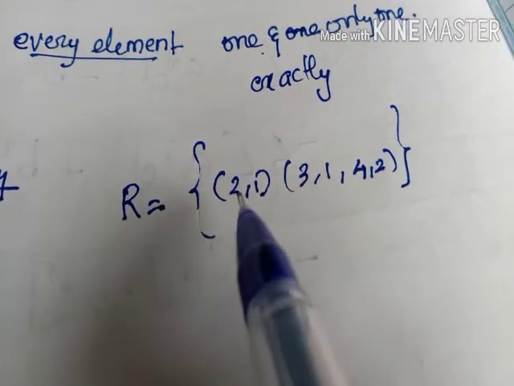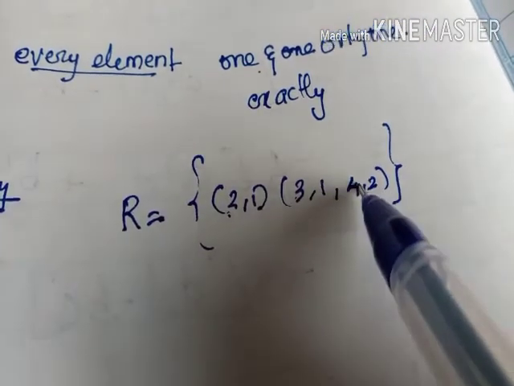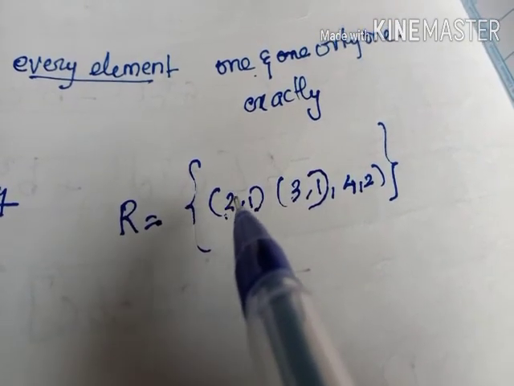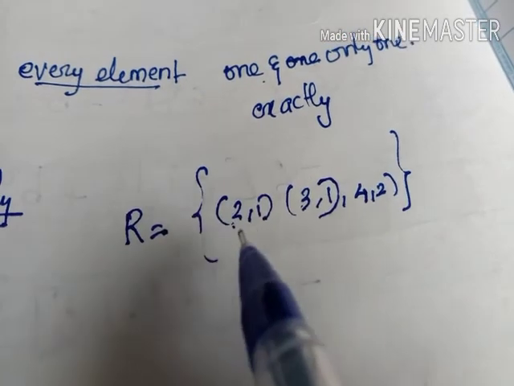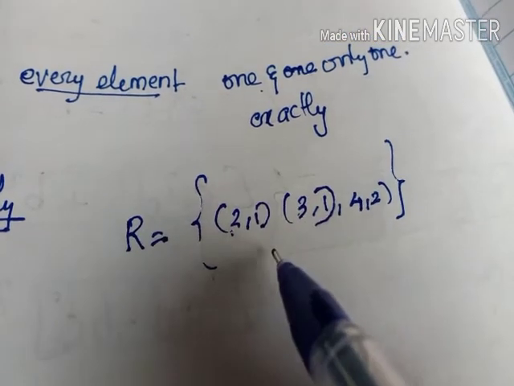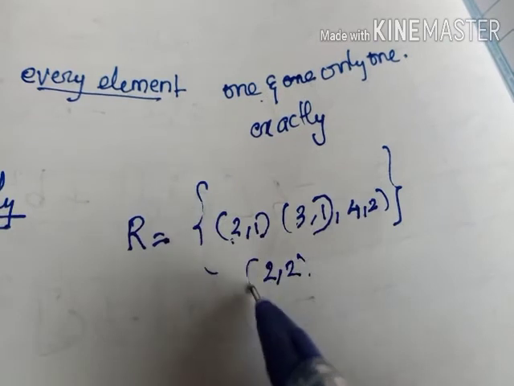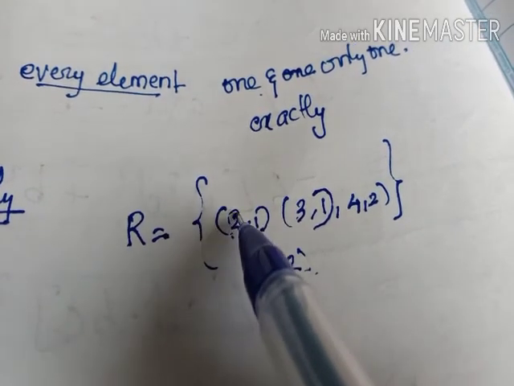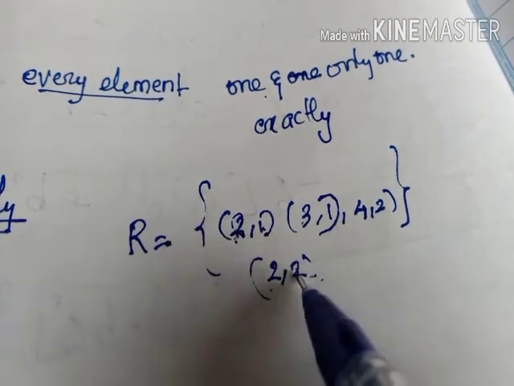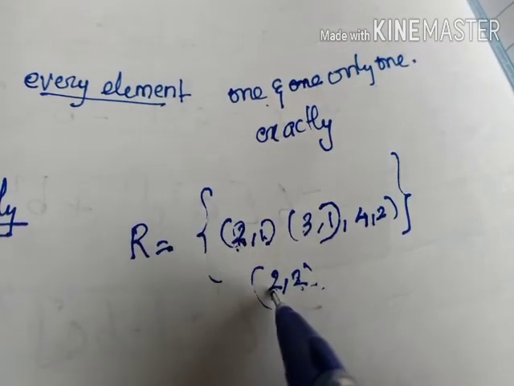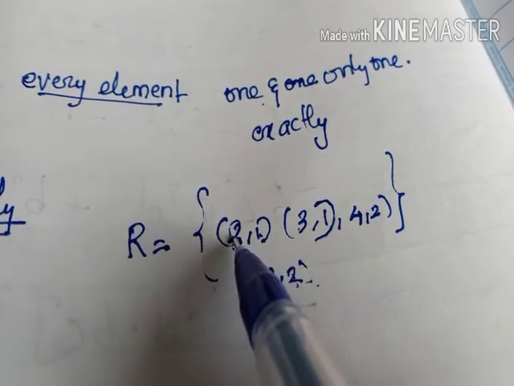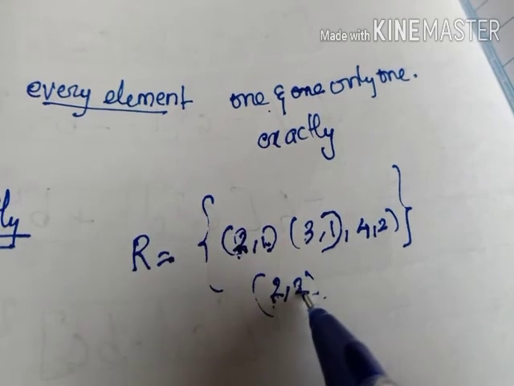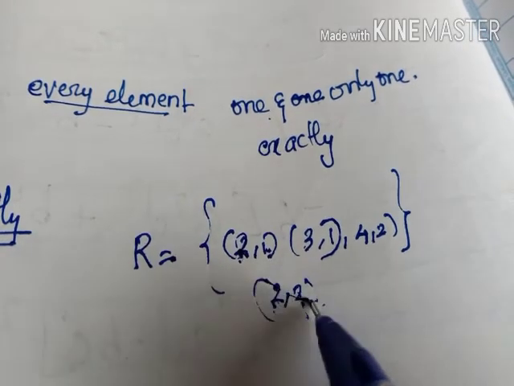Just look at the first elements 2, 3, 4 and verify whether any is repeating. When there are pairs like (2, 1) and (2, 2), the first element 2 has 2 images, one image is 1 and another is 2, so it is not a function.